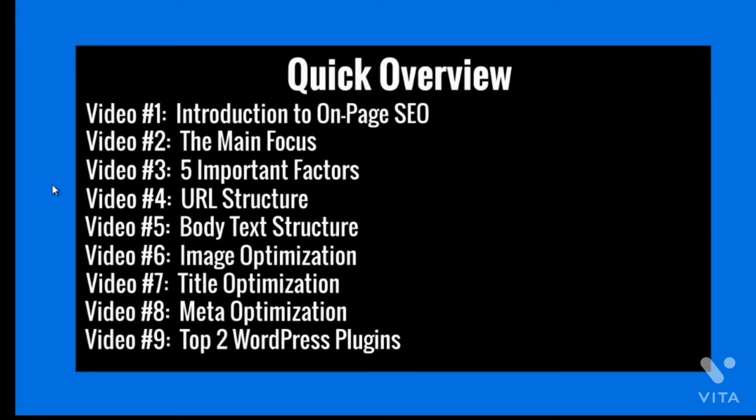So we explained video number 1 was the introduction, number 2 was the main focus, number 3 was 5 important factors. So if we really think about the person who wants to buy this, we need to think that the ultimate reason why they want to buy this course is because maybe they're not ranking on Google. Maybe their WordPress site is not getting the traffic that they need.